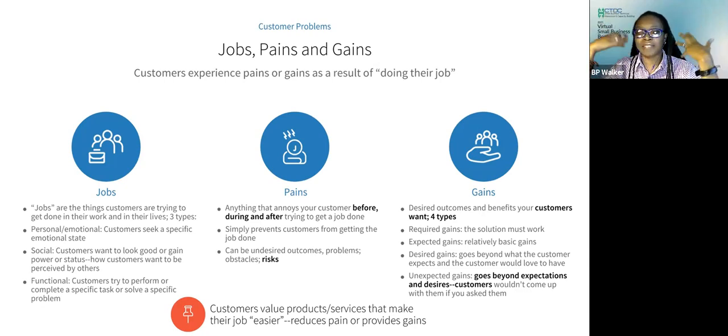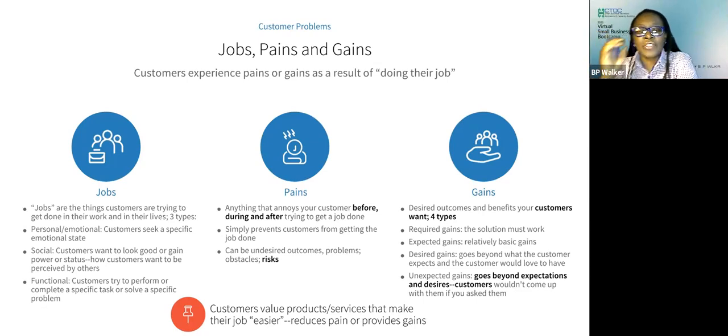That's how you have to think about it, and you've got to tap into that emotion. So customers have jobs, then they have pains, meaning they have obstacles to get their job done. And one obstacle might be, I don't have the right hair product to make my hair grow. So then I feel embarrassed. There's a stigma, and then it just kind of cascades.